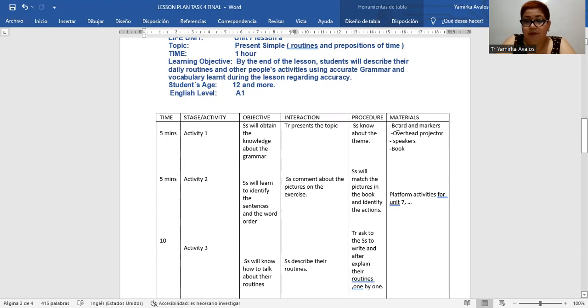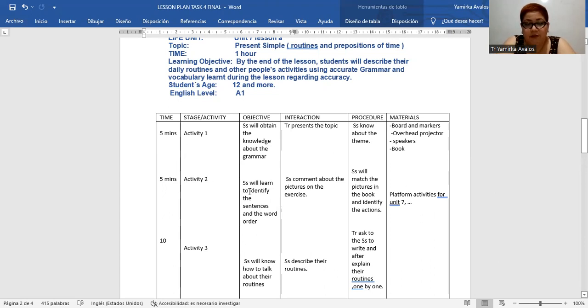Materials: board, markers, overhead projector, speakers, book. For this book, we have a virtual platform that presents supportive material like exercises, readings and listenings, all related to the topics we are presenting.